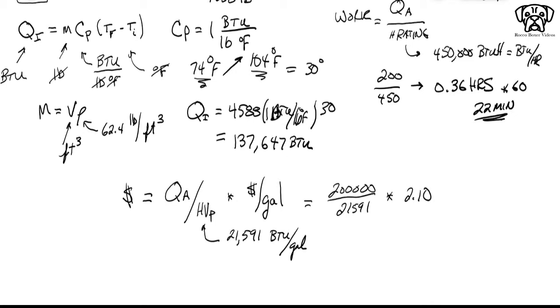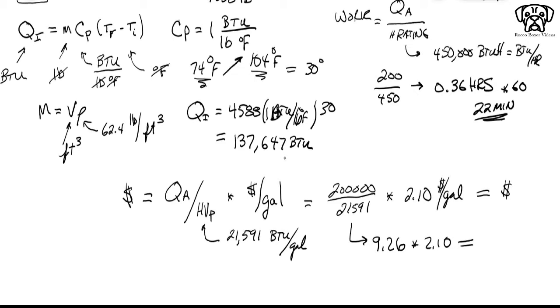Then we multiply that by the cost of propane, which is $2.10 a gallon by me. Then we will know how this will all come out into dollars. But what's interesting, let's see how many gallons of propane that's going to take. If you do this math, it's 9.26 gallons of propane. Okay?